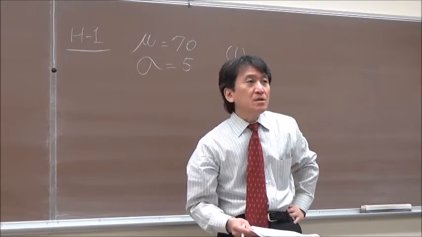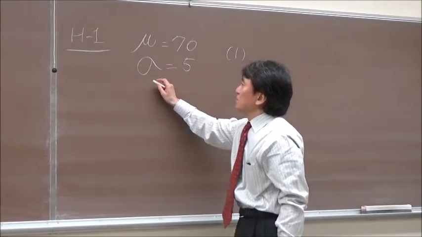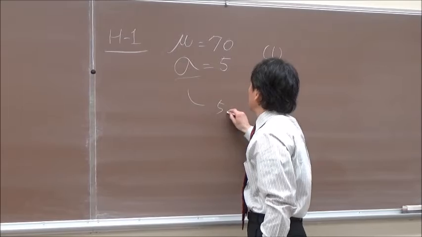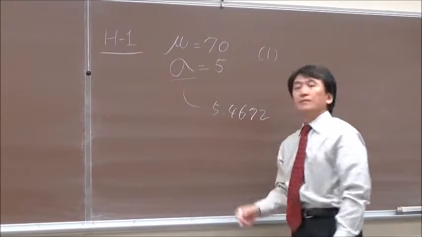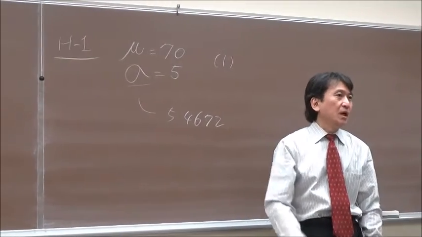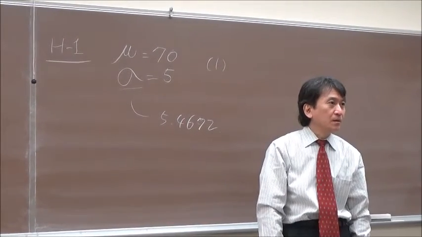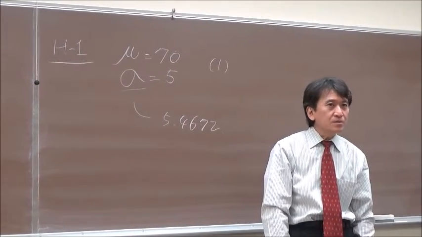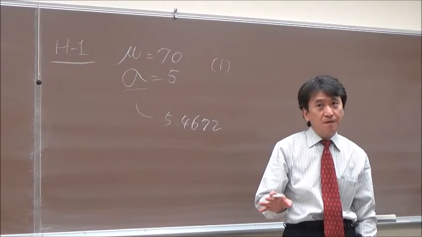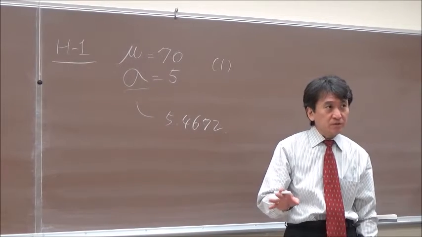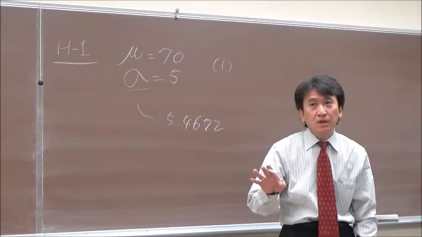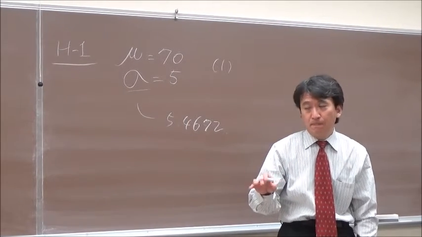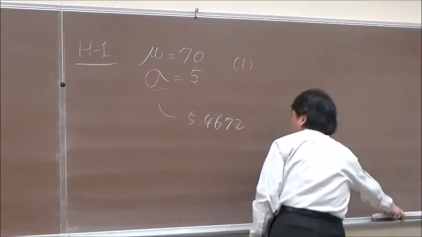The reason is that what if sigma is 5.4672? How do you calibrate? Do you understand what I'm getting at? So please do not calibrate the normal curve. You do not need it. With me so far?